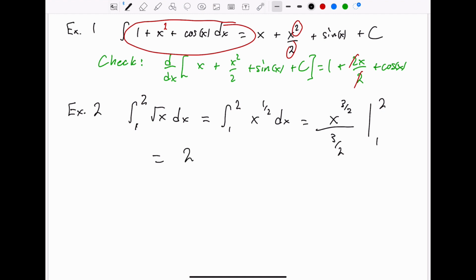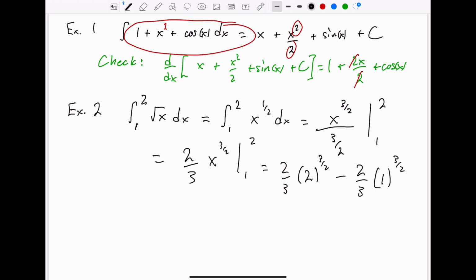So let's rewrite this as 2/3 x to the 3/2, integrating from 1 to 2. We first plug in the 2. Now we subtract, plug in the 1, and there's our answer. Let's take a look at example 3.